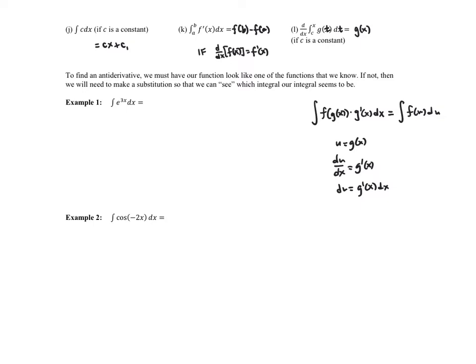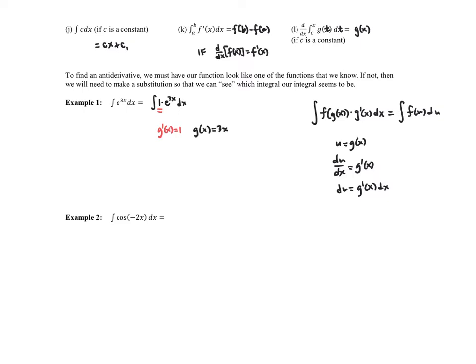All right, so in this case, I want to think of the integral of e to the 3x as 1 times e to the 3x dx. I'm going to think of g prime of x as 1, and g of x as 3x.